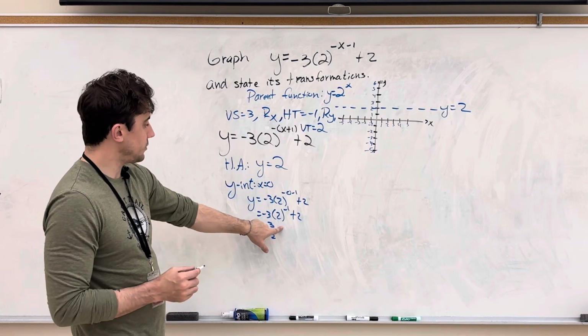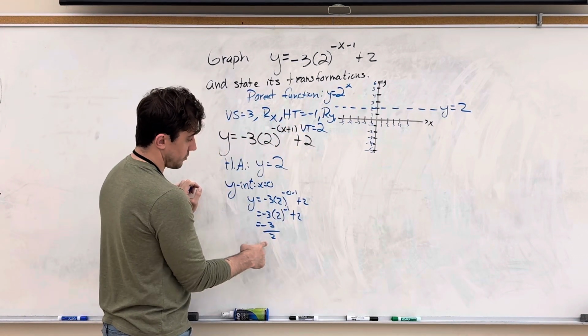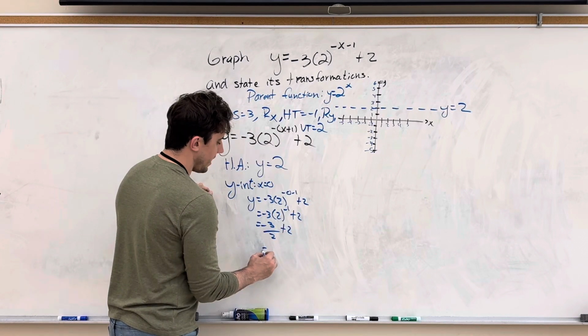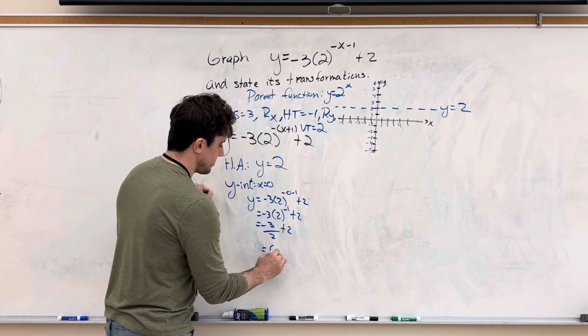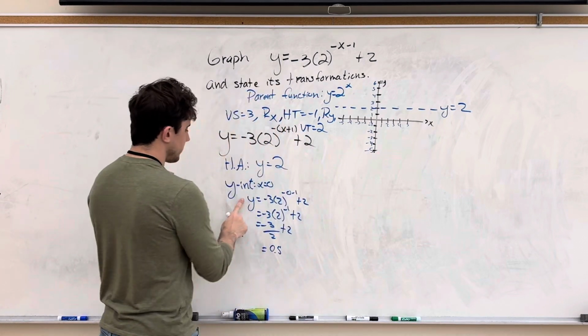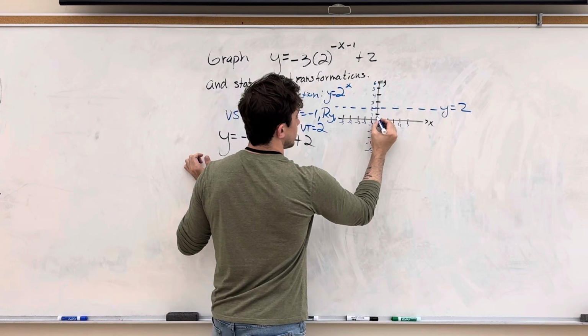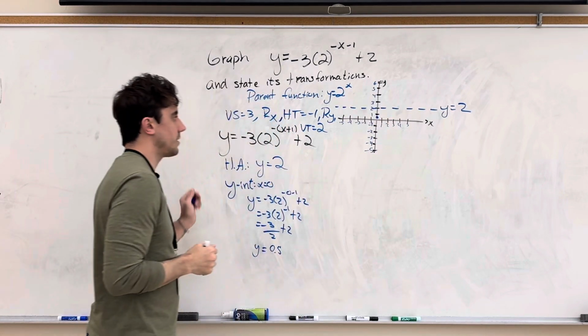I will remind you that 2 to the negative 1 means 1 over 2, and so 3 times 1 over 2 is 3 over 2. Plus 2, and negative 3 over 2 plus 2 is positive 0.5. And so that means that we have a y-intercept at y is equal to 0.5, around there.